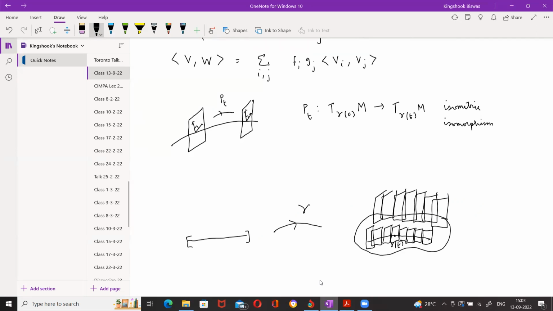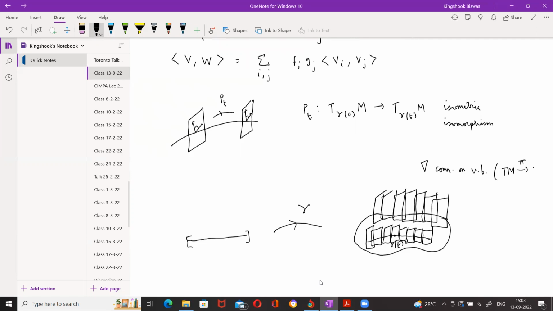Okay. And my connection nabla, this is a connection on the vector bundle, the tangent bundle, right?